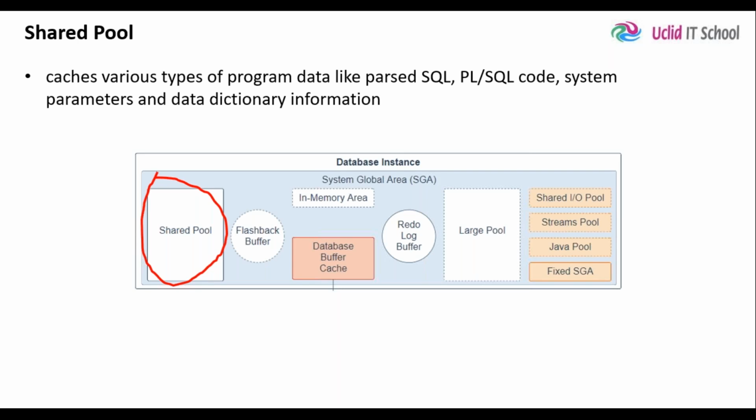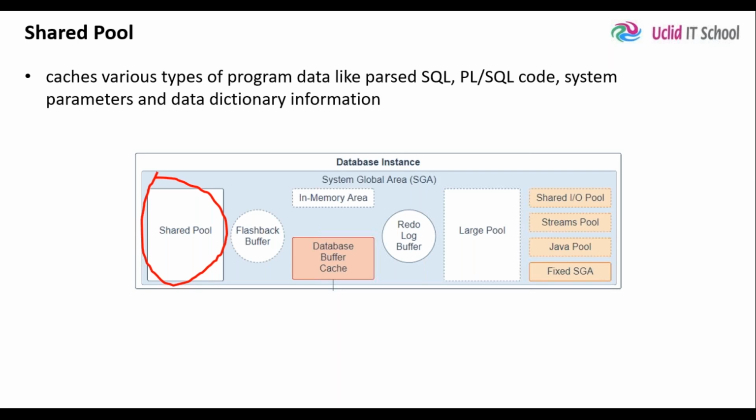When you issue an SQL statement, it is like a raw SQL. Oracle internally parses that SQL, and during parsing, it will know who has access to this SQL and that kind of information. So the parsed SQL statement will be executed.